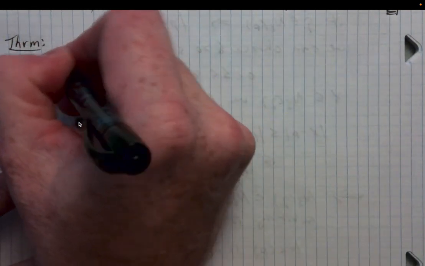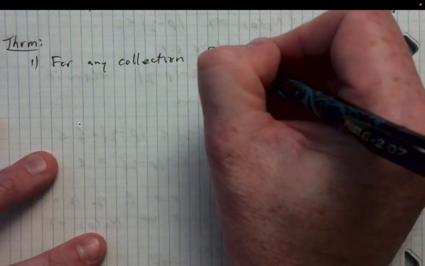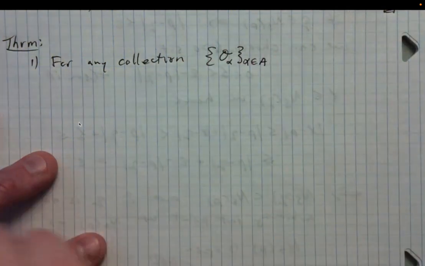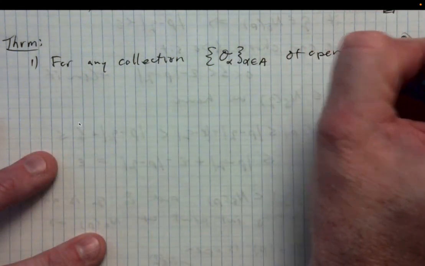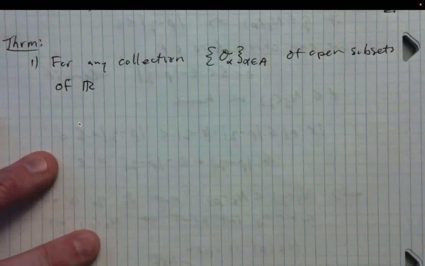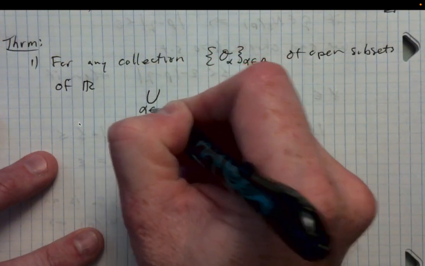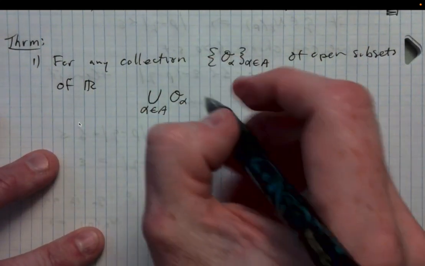So here's a theorem. It's going to be kind of two parts. I'll just denote them as 1 and 2. For any collection, and I'm going to write it like this, O sub alpha, where alpha is in some index set, so for any collection of open subsets of R, the union over alpha in A of O sub alpha, the union of all of these subsets, is open.